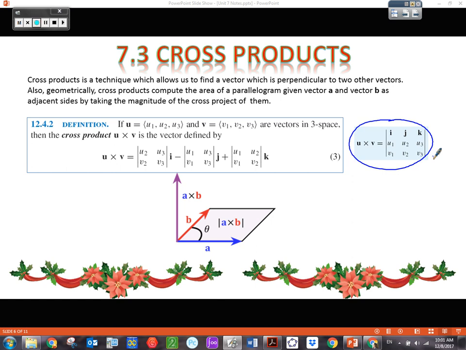So let's remind ourselves, how do we expand a 3x3 determinant? This is the formula for expanding a 3x3 determinant. For this first piece, we would ignore this column and this column, and these would be written here with the I as a multiplier.